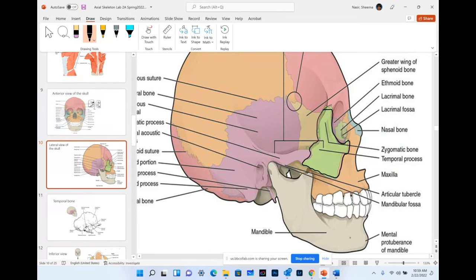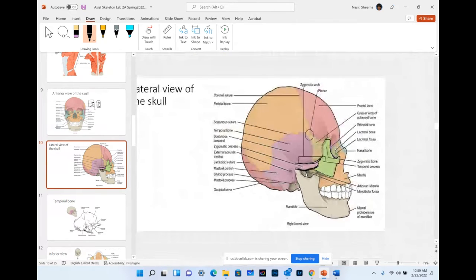So, zygomatic arch. Remember we talked about arch? This is the arch. Now understand, arch is a shape. It's not the bone. The bone is zygomatic bone. Zygomatic bone makes the arch.